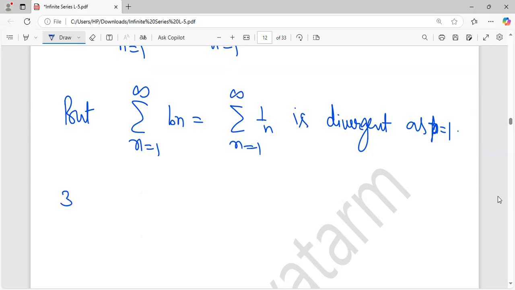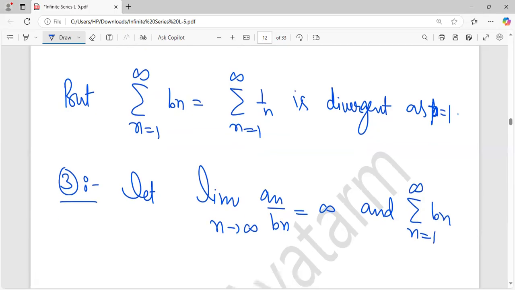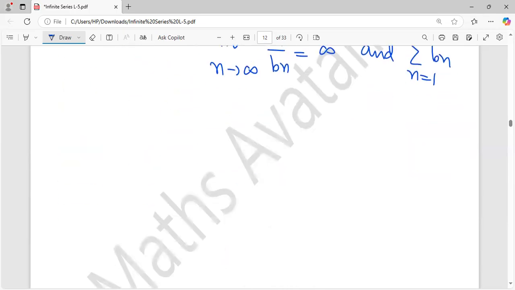Now we prove the third part. Let the limit as n tends to infinity of An upon Bn be equal to infinity, and the series summation n goes from 1 to infinity of Bn be divergent.